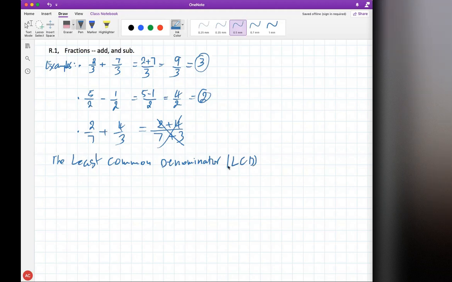Before adding or subtracting fractions, we have to check for the LCD. You don't need a common denominator when you multiply or divide. If this was a multiplication, you don't care about the common denominator. It doesn't matter, but it does matter when you have addition and subtraction of fractions.